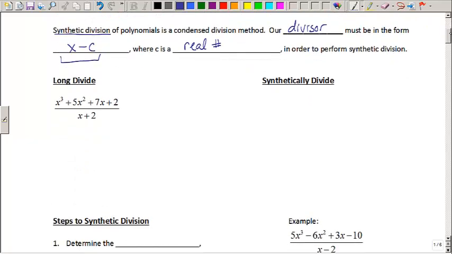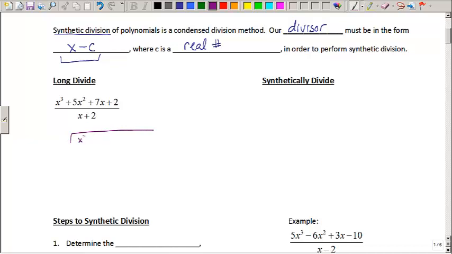Let's just look at one long division problem and show you how synthetic division will be a little bit easier. So let's say I have x cubed plus 5x squared plus 7x plus 2 as my dividend, so it goes on the inside.